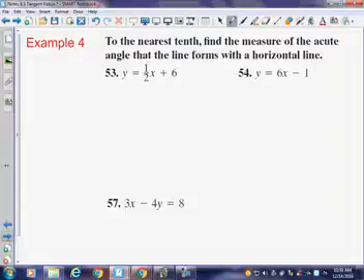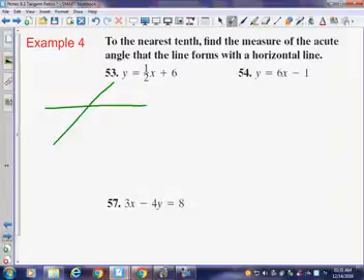So first of all, we're talking about a graph here of, here's the line 1/2 x plus 6. Make a horizontal line with it and make a triangle for rise over run. It rises 1, it runs 2. The angle they're talking about has to be where the two intersect.